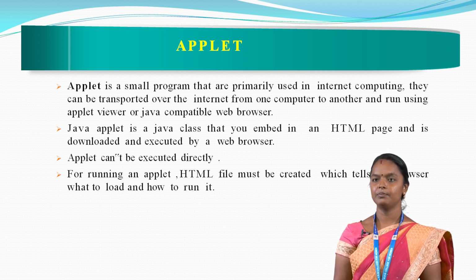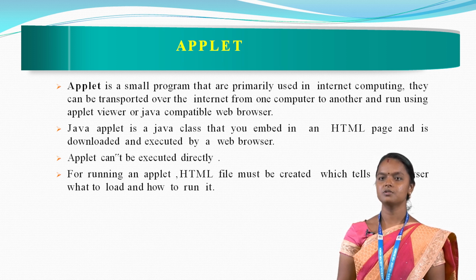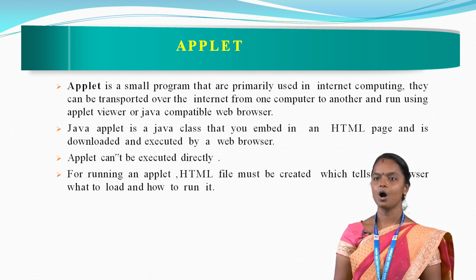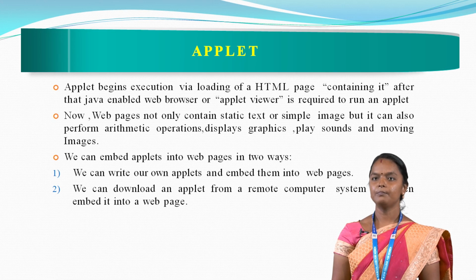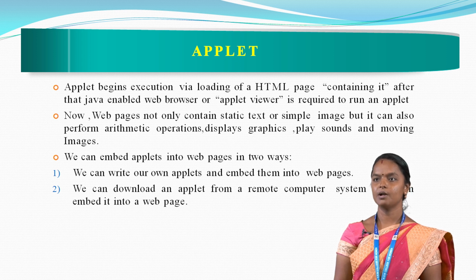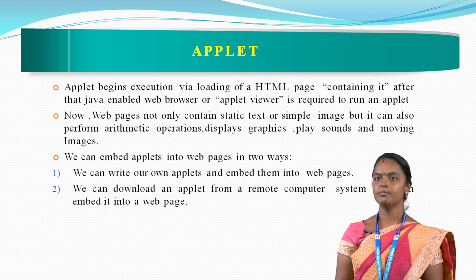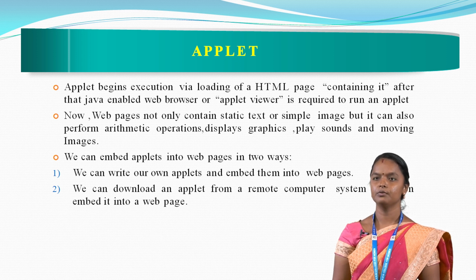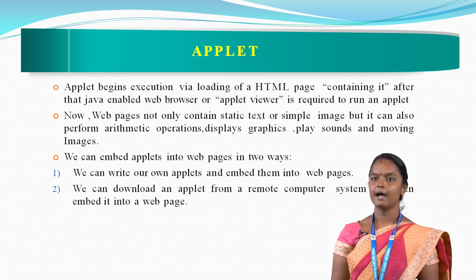For running an applet, an HTML file must be created which tells the browser what to load and how to run it. Applet begins execution via loading of an HTML page containing it. A Java enabled web browser or Applet Viewer is required to run an applet.